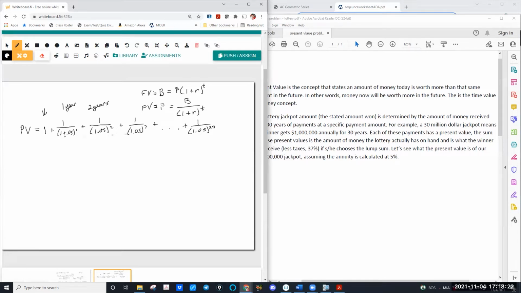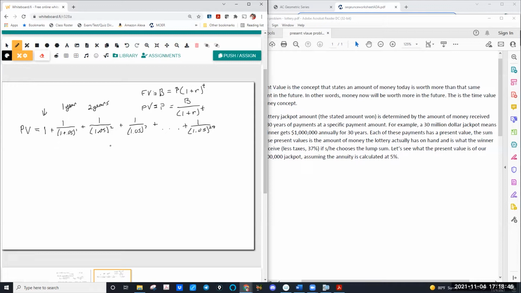Okay. Well, here's what's really cool about this. Whenever you see an exponent increasing or even decreasing, that's a hint that you might have a geometric series on your hands. Because look at what's happening to get to each next number. We're dividing by 1.05 one more time.